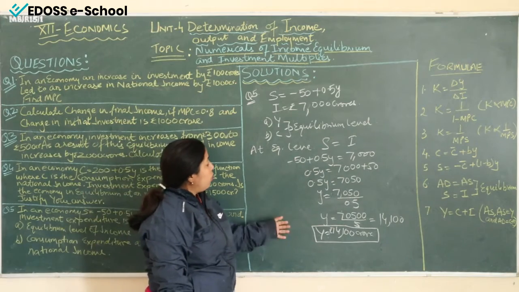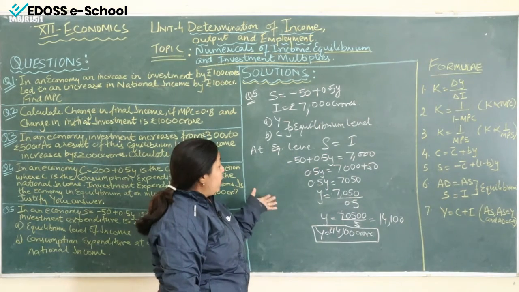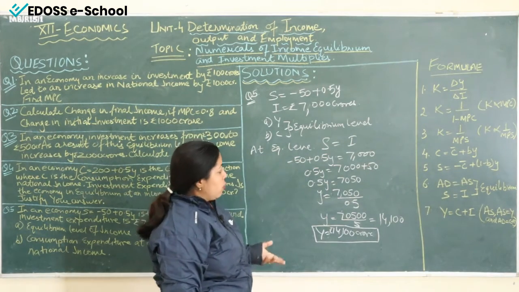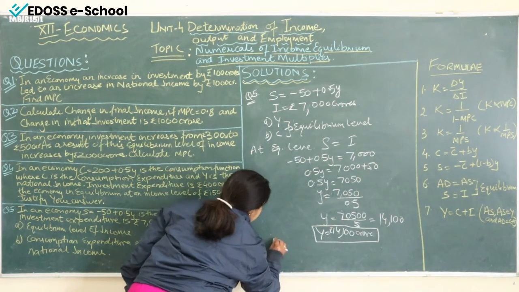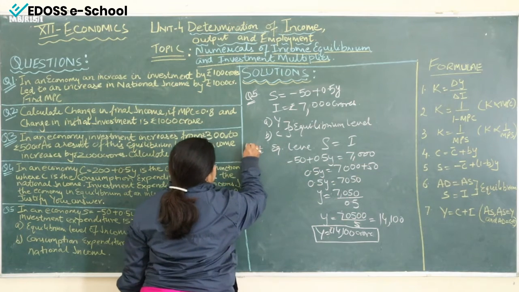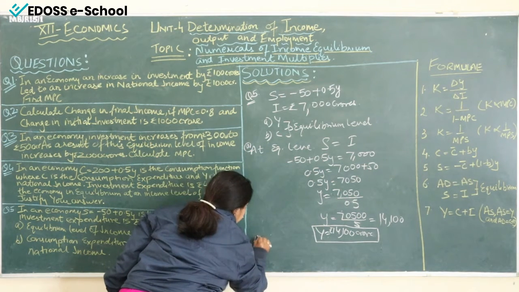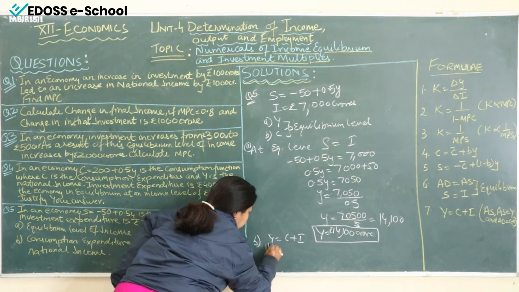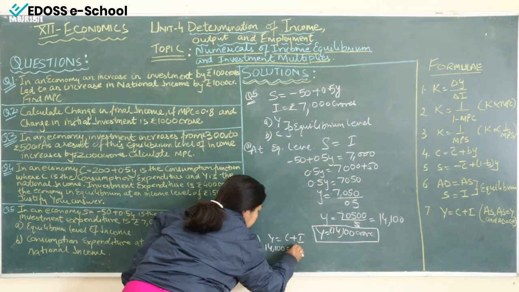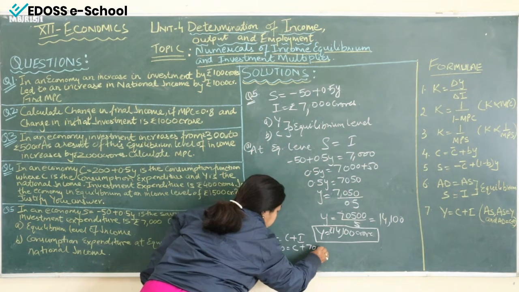Fine. Now what we have to do is calculate C. So we will make use of the simple equation y is equal to c plus I. So this was the A part, and for B part, y is equal to c plus I, where y is 14,100, c we have to calculate, and I is 7,000.